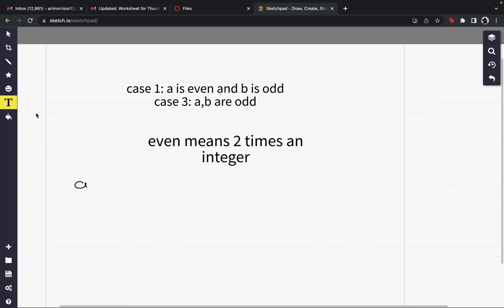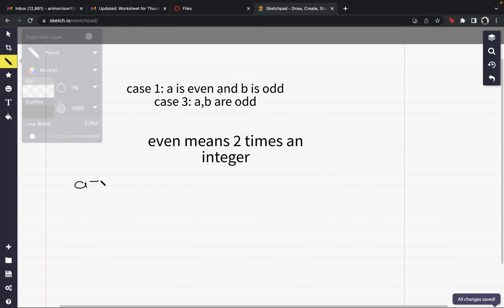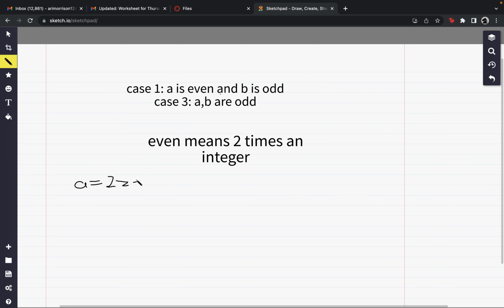And here we'll set A equal to 2z plus 1 for some z that's an integer. And I think it's helpful to talk through these while you're doing them.